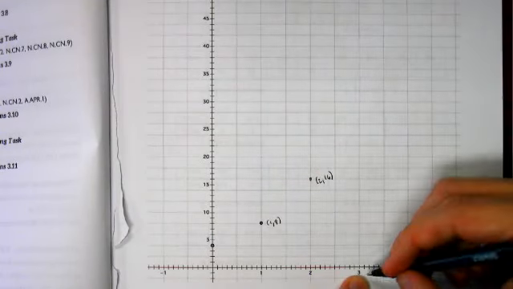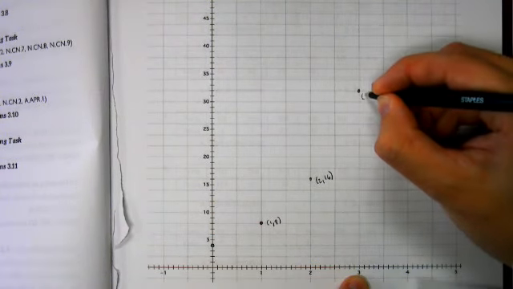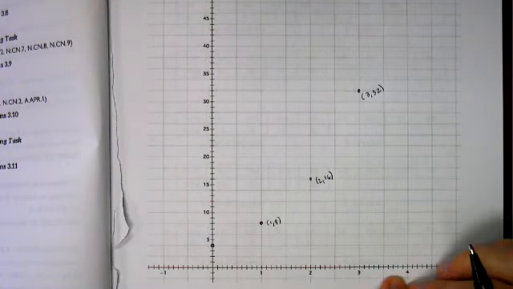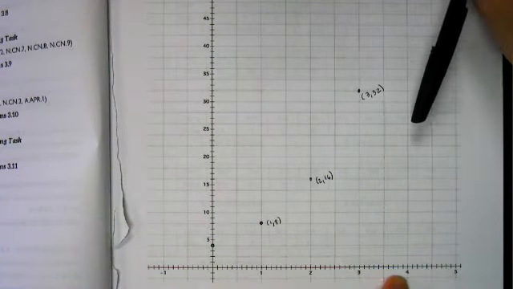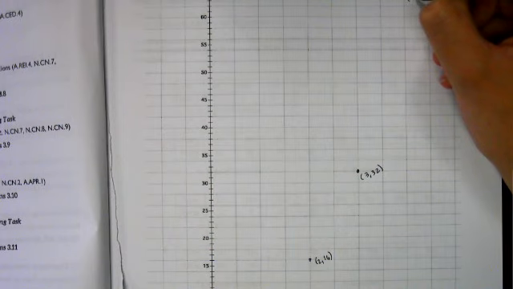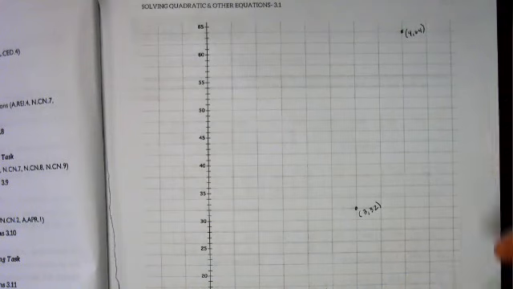Another one at 3, 32, which is here. And then another one at 4, 64, which is all the way up here.